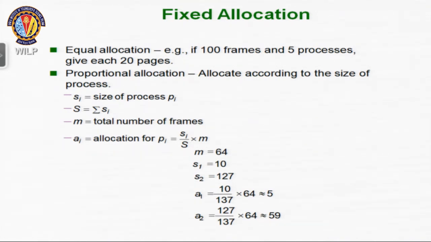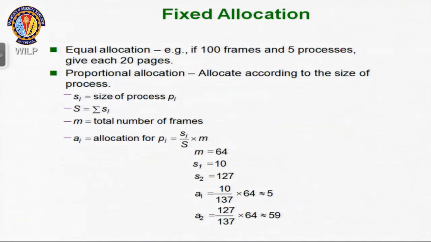Because of this reason, the next allocation scheme which was proposed was known as proportional allocation. The idea here is to allocate in proportion to the size of a process.